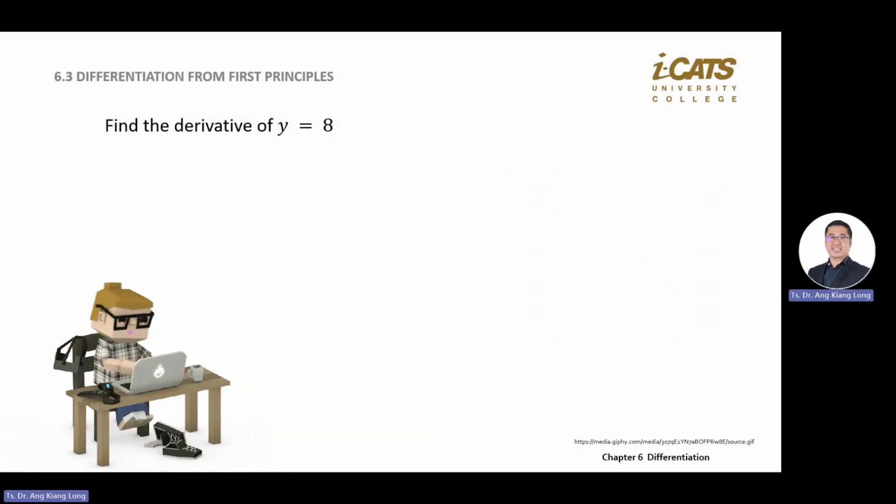If y equals a constant, what is the gradient of that line? What is dy dx if you have a straight line? So what is the answer for dy dx? 0.